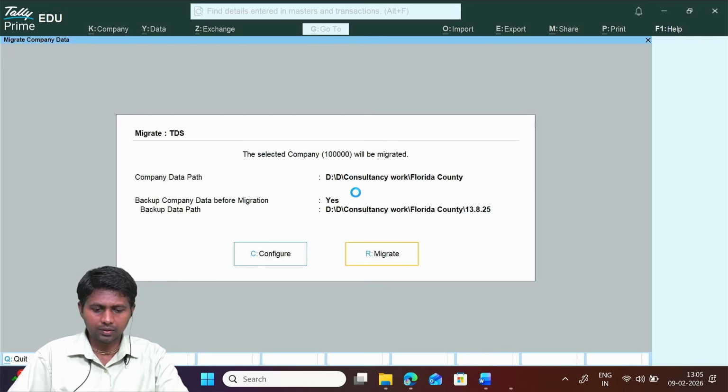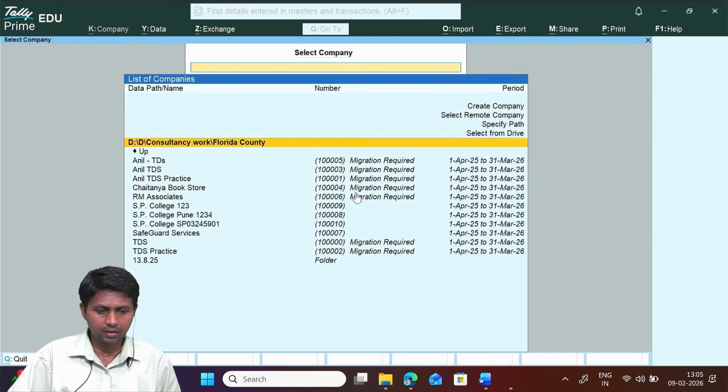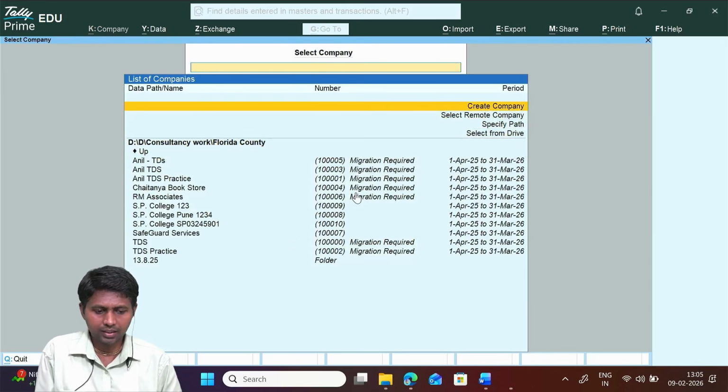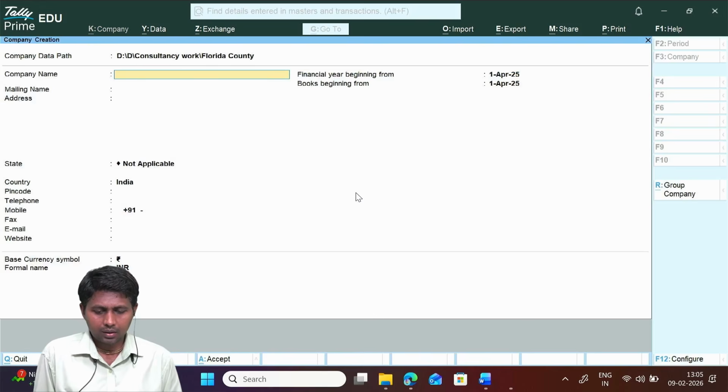Then in the assignment, they have told us to create the company. Therefore, start creating. Just select the create company option. All these bills belong to SP College, therefore don't write your name, write the full name SP College, and then, as I said, write your PRN, SP 032454668, like this.